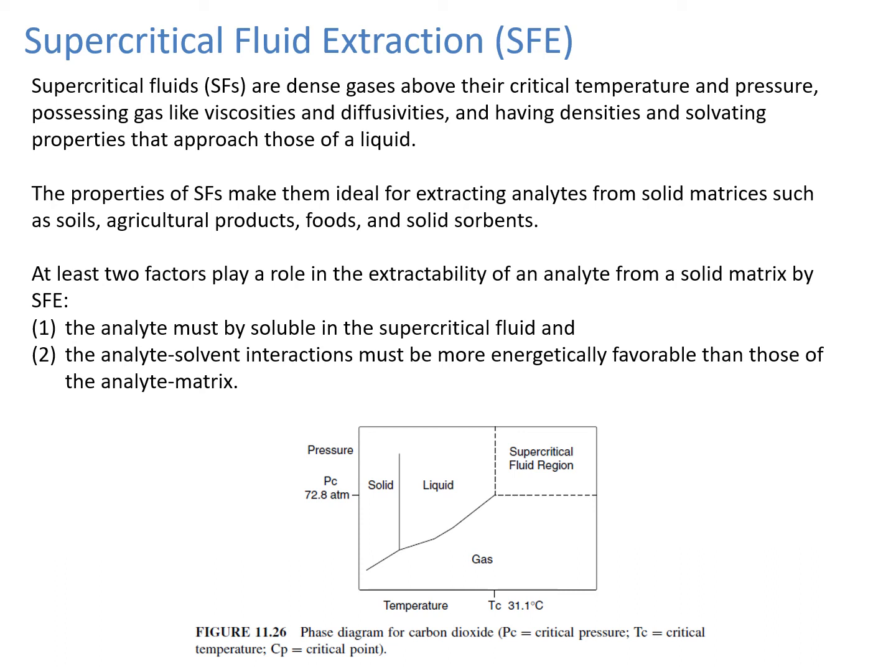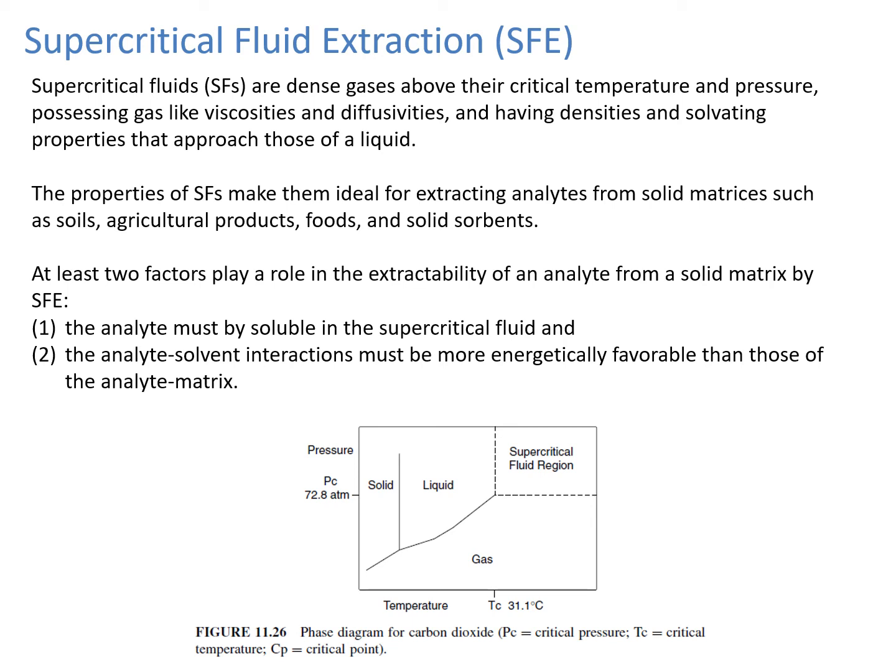Two factors play a role in extracting the analyte from a solid matrix by supercritical fluid extraction. Basically, the analyte must be soluble in the supercritical fluid, and the analyte solvent interaction must be energetically more favorable than that of the analyte matrix.